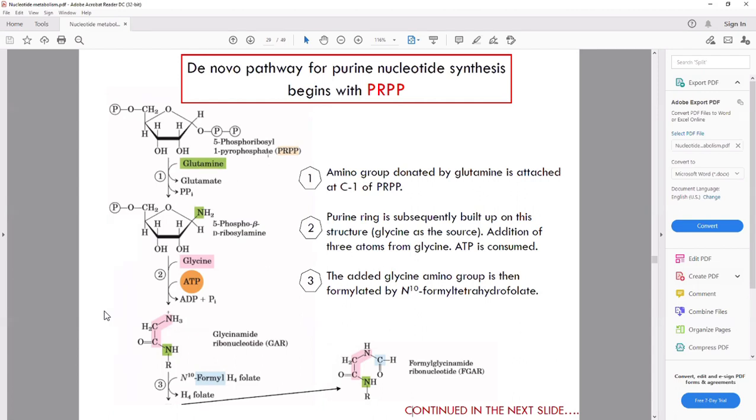We have discussed the diseases related to purine.